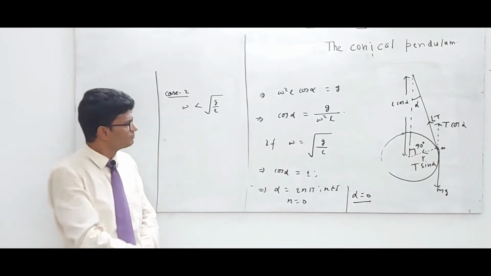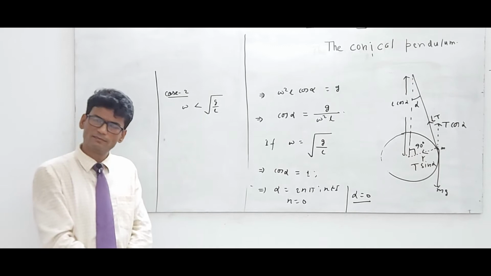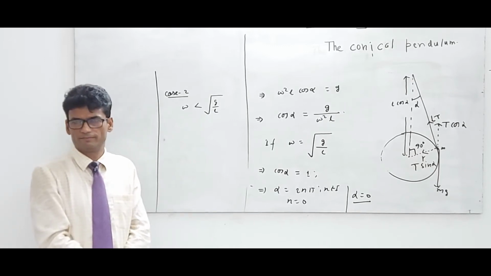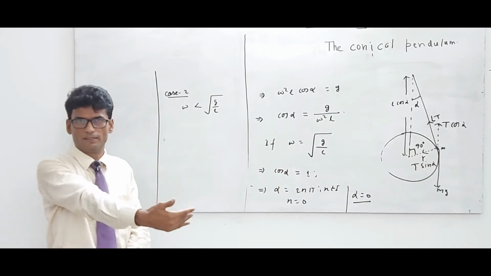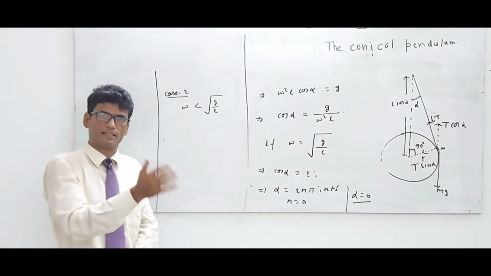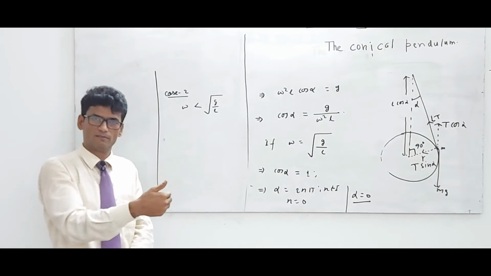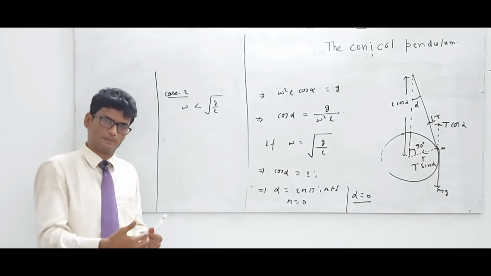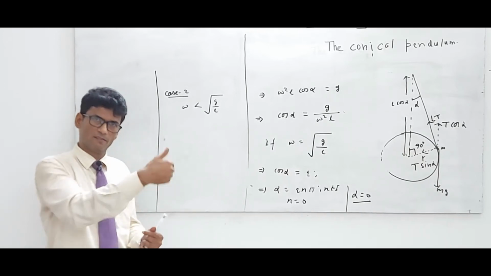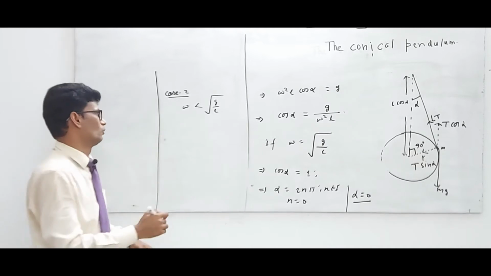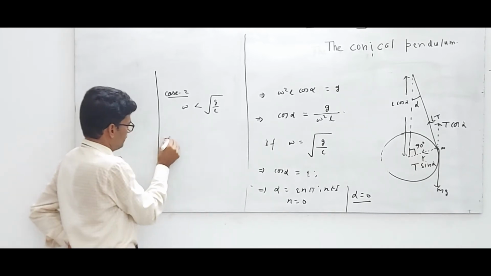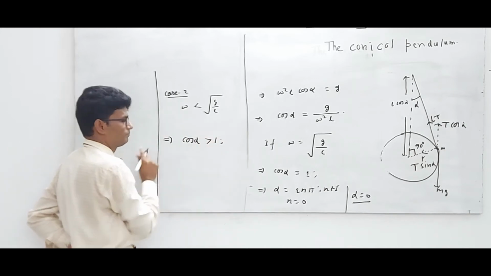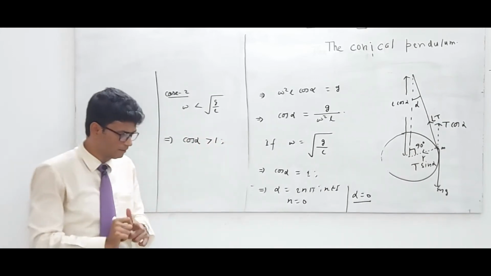As we know from trigonometry, the maximum value of cos alpha is 1, and the right side comes out to be greater than 1. The left side has maximum value 1. So no way we are going to accept such angular speed for this conical pendulum. So this implies cos alpha is greater than 1, which is mathematically not acceptable.